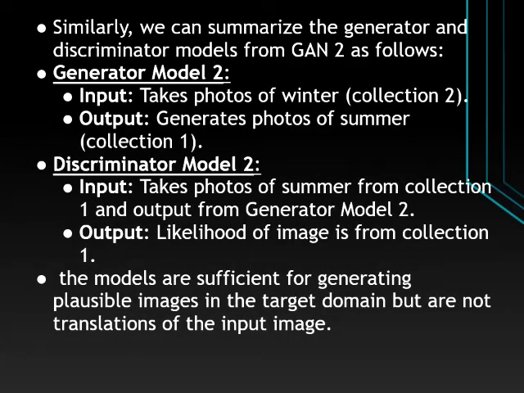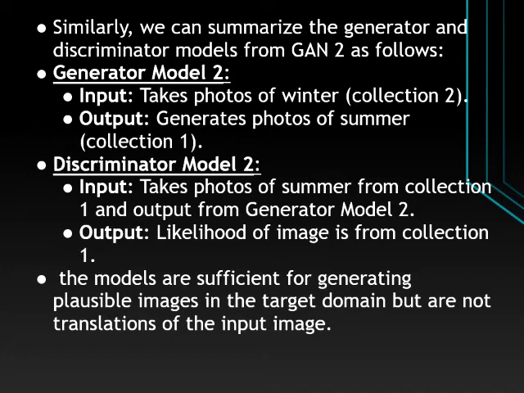Similarly, we can summarize the generator and discriminator models from GAN 2. Generator model 2 takes the photos of winter from collection 2 as input and generates photos of summer as output. And discriminator model 2 takes photos of summer from collection 1 and the output from generator model 2. It checks whether the photos made by generator model 2 are real or fake.